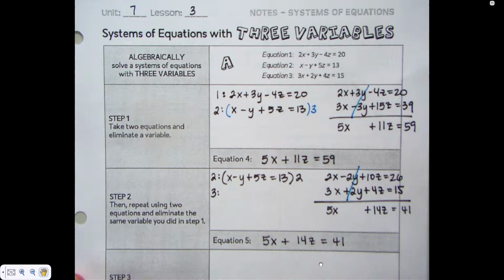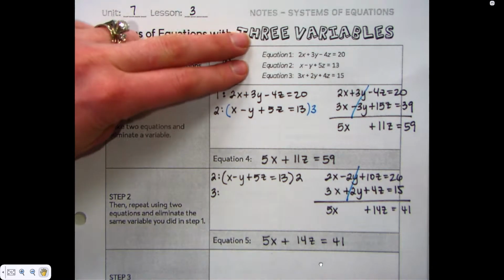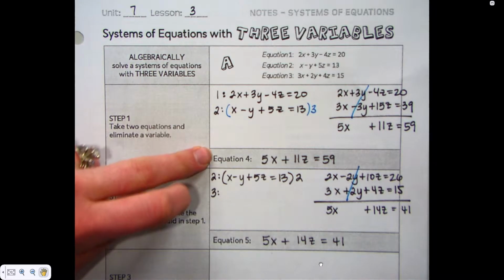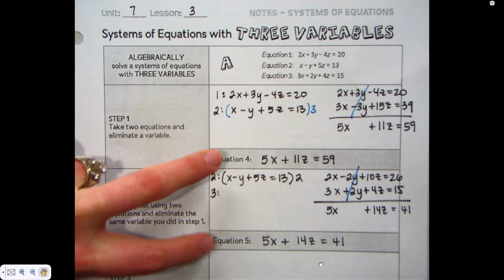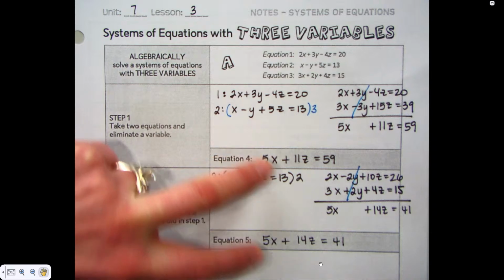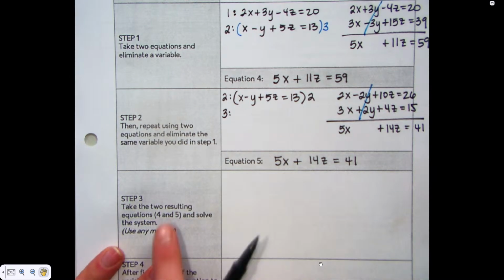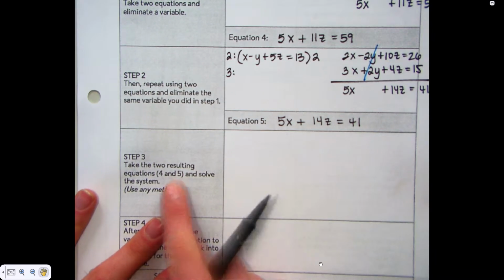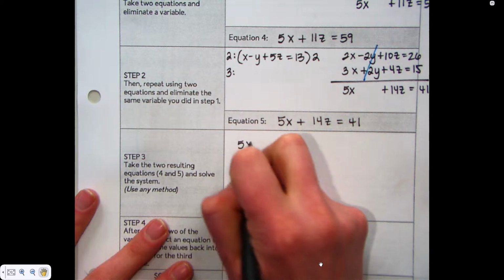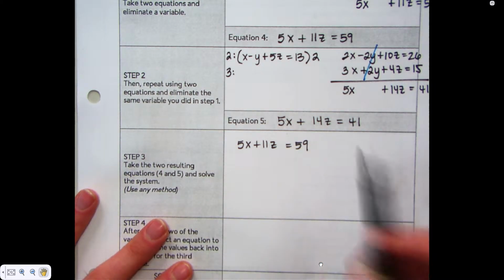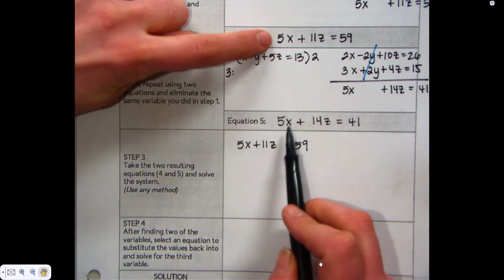Okay, so once you've done that, you've taken your three equations, picked 2, gotten rid of 1, so you're down to 2 equations with 2 variables. You're going to combine those 2 equations into 1 variable. So in step 3, right, we're going to take our results. We're going to take equation 4, 5x plus 11z equal to 59. And in order to make them equal and opposite, right, I have the 5 and the 5.